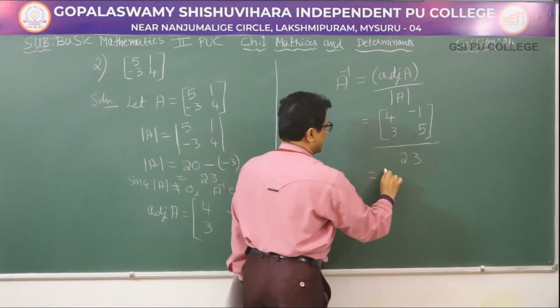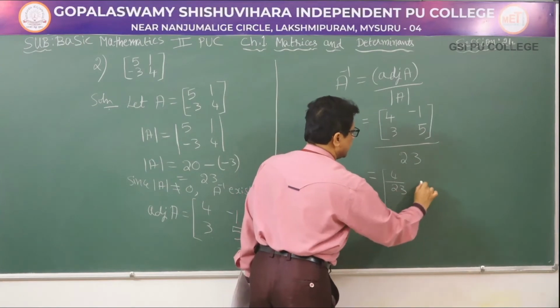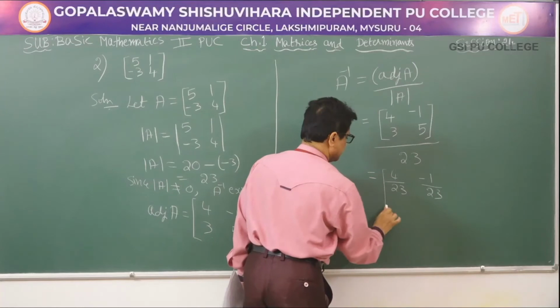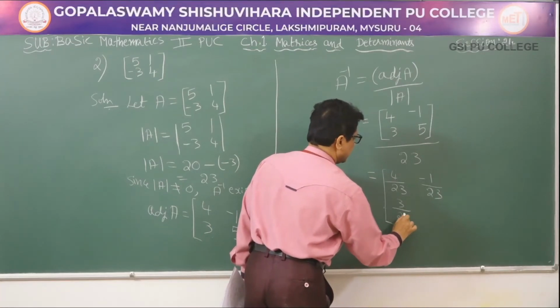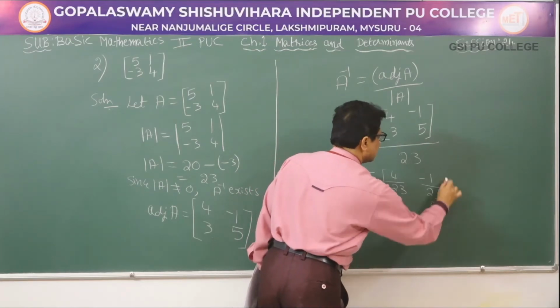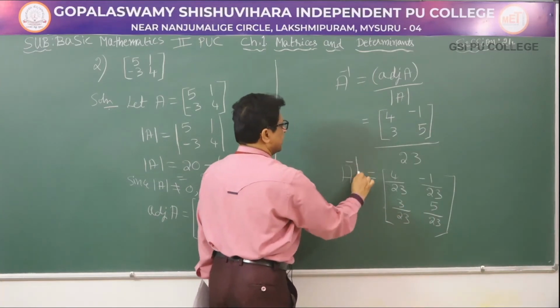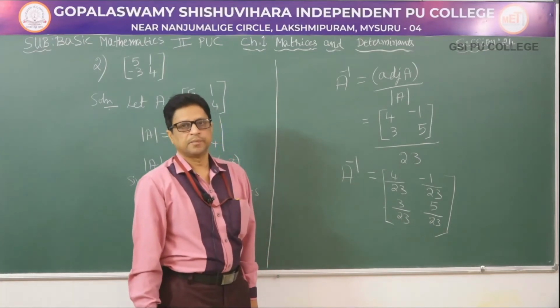So, that will be equal to 4 by 23, minus 1 by 23, 3 by 23, 5 by 23. So, this is nothing but the A inverse. That completes this problem.